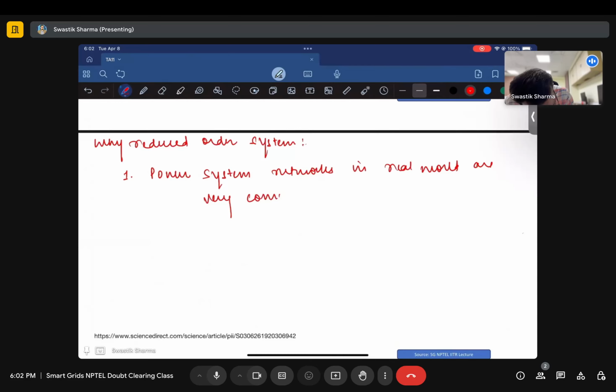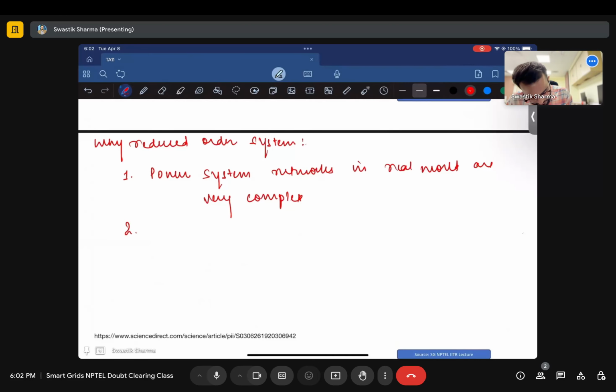Power system networks in the real world are very complex. They have a huge number of buses, a huge number of interconnection branches, lines and so on, right? So to study the system, you want to reduce the order of it, right?